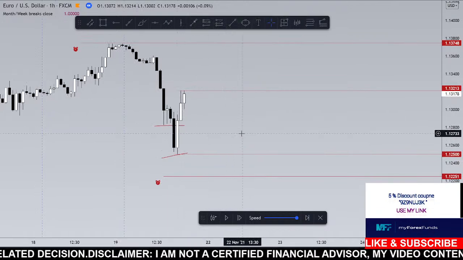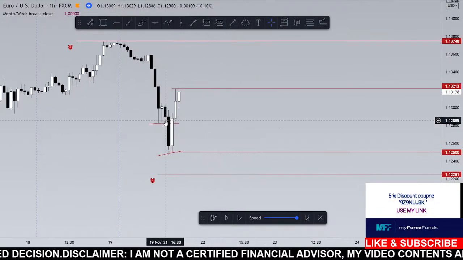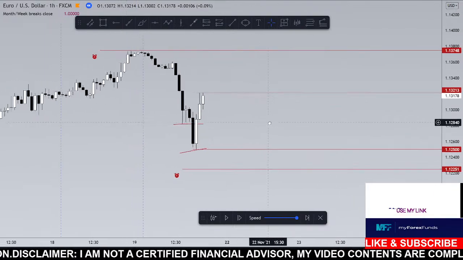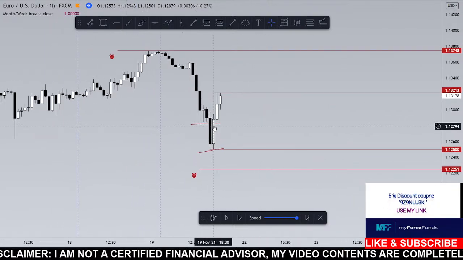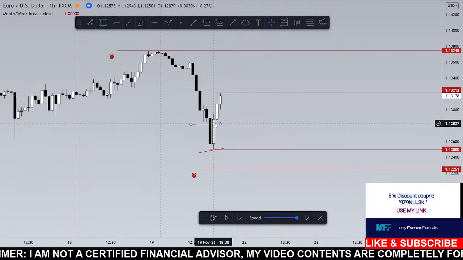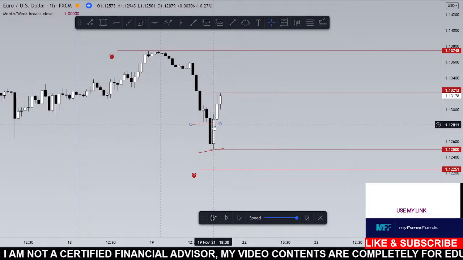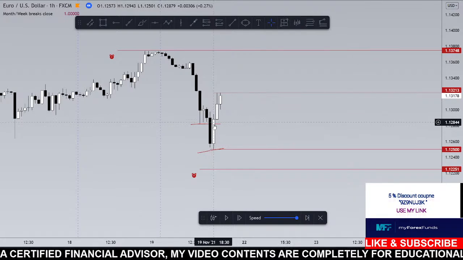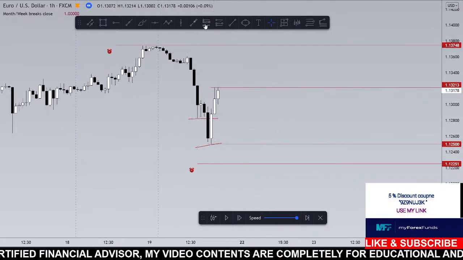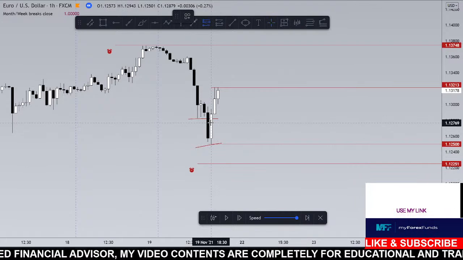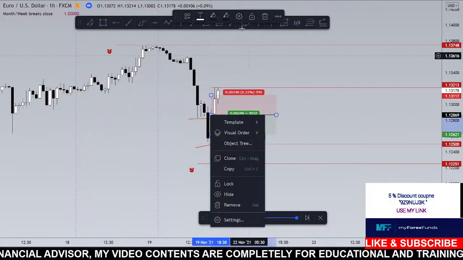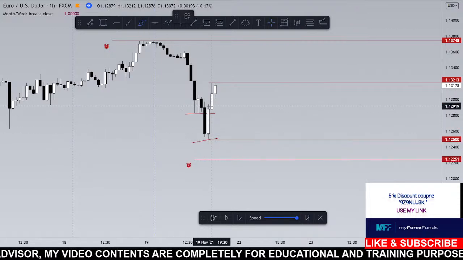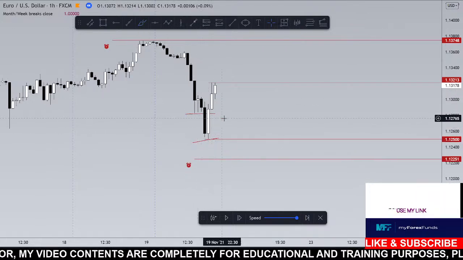Here we can see that the market broke the low with momentum, and I wanted to take an entry at this position, but it was already 6:30 p.m. IST, so I was a little hesitant. I don't want to take this aggressive sort of entry, because it could take me in and take me out.